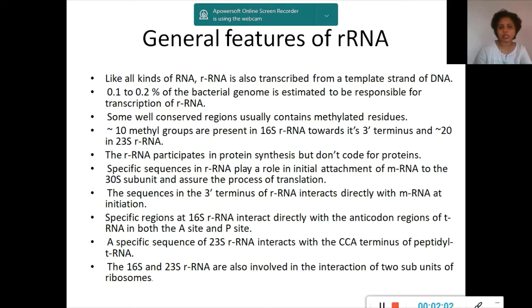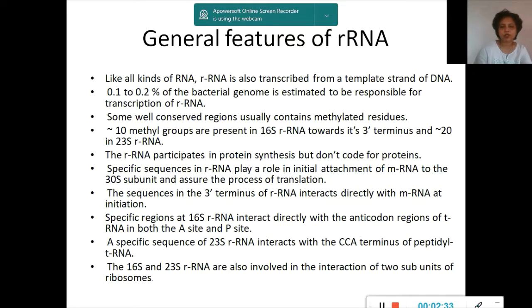We can find some well-conserved regions which contain methylated residues. In the case of 16S ribosomal RNA, 10 methyl groups are present towards the 3' terminus, and approximately 20 methylated residues are found in the case of 23S ribosomal RNA.